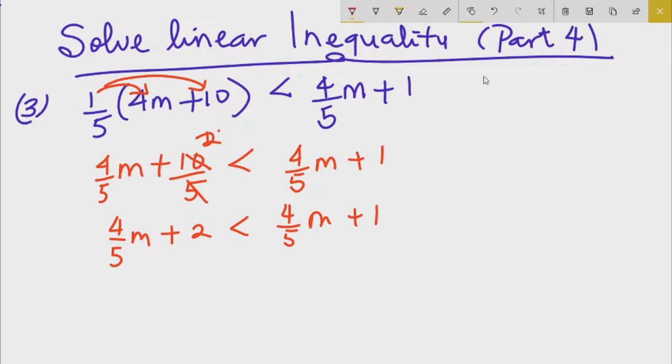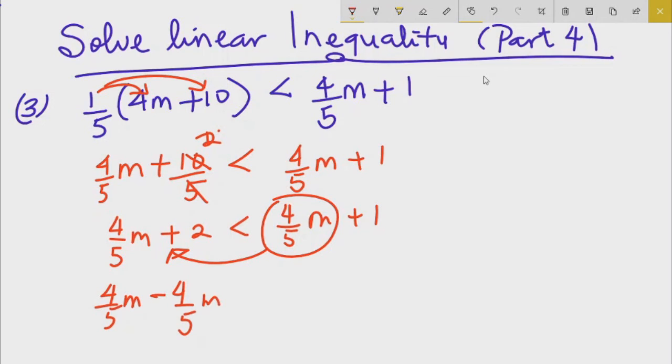We want to bring this to the left, so it will become negative. Here we have 4/5m minus 4/5m. Then this positive 2, we want to bring it to the right, so it will become negative 2. It's less than, we have positive 1, and if we bring this 2 to the right, it becomes negative 2.